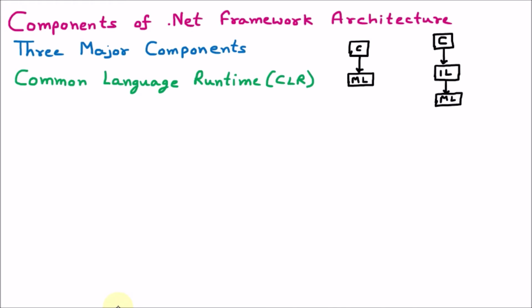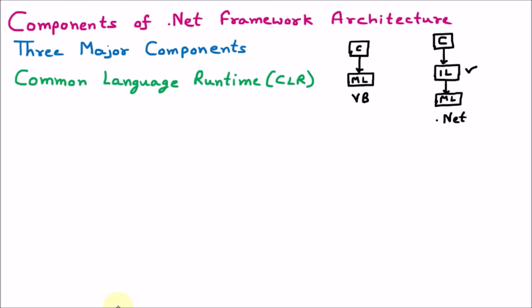That's why .NET and Java both support this double compilation, while normal languages like VB, C, C++ work like the single compilation.